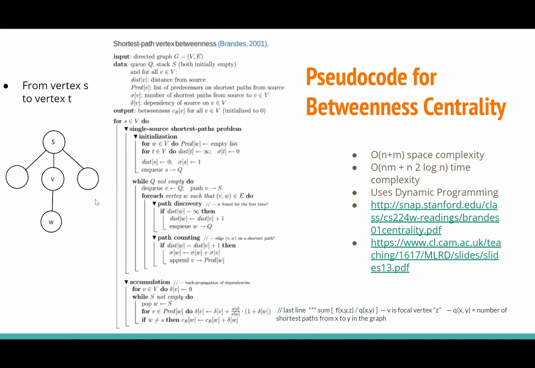So after it goes through all of the nodes in the graph, all the way down until T, it ends at T, you do this accumulation.